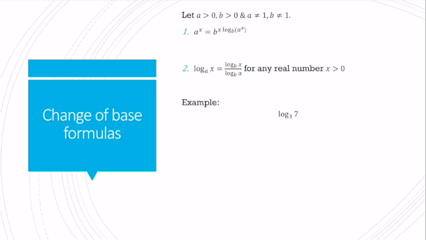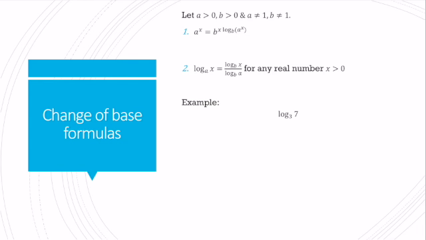The last thing I want to talk about is change of base formulas. So if I have a an exponential and b an exponential, I can write log base a of x equals log base b of x over log base b of a for any real number. And we can use this to change our base.